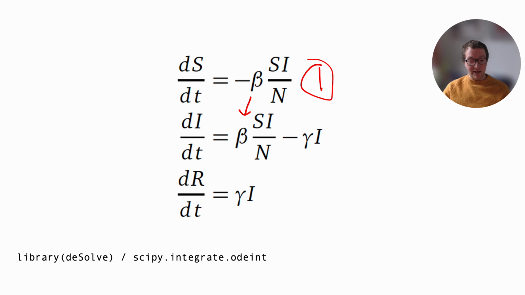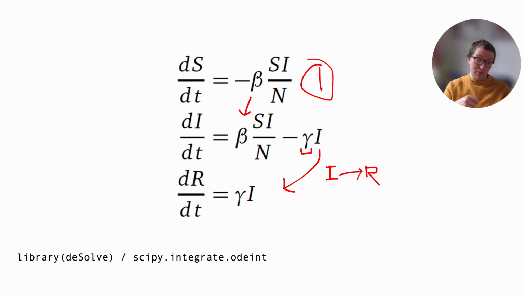So this is just added in here, so it becomes a positive term. And then the one other thing we do is that we have a recovery rate. So each infected person, at any given unit of time, they recover with a rate gamma. So these go into here. So this is the I to R transition.